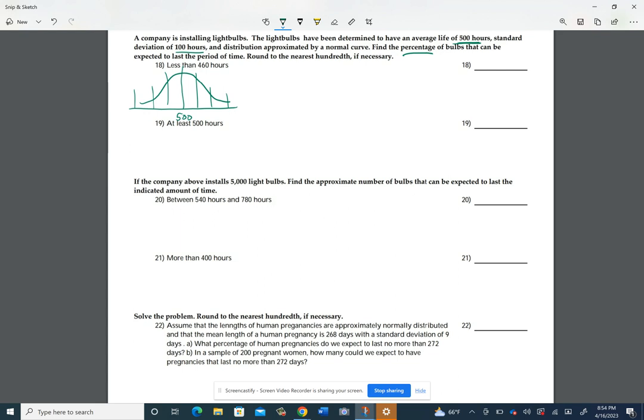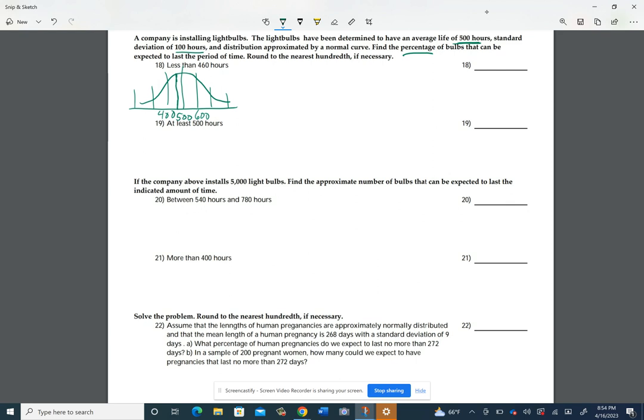I'm told the standard deviation is 100 hours. So this would be 600, 700, 800 going above, and then 400, 300, 200 going below. 460 would be a little closer to the mean, like right here, a little closer than halfway between 0 and 1. Okay.